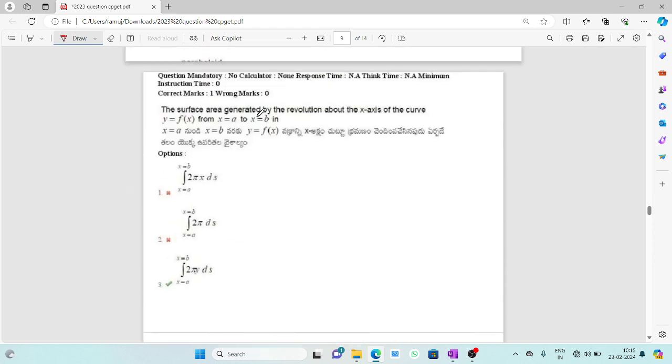The surface area generated by the revolution about the x-axis of the curve y equal to f of x. This is also a simple general case. If you take a graph like this, he is asking about the revolution about the x-axis.